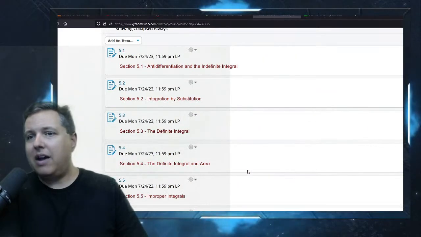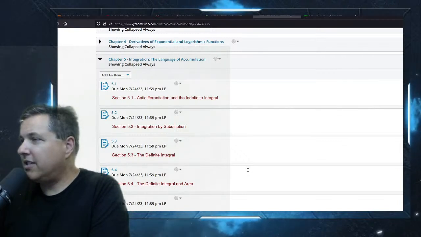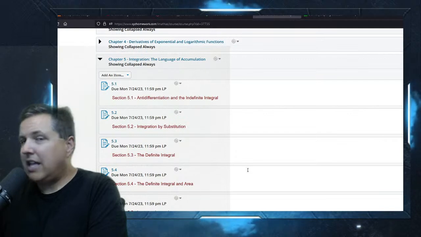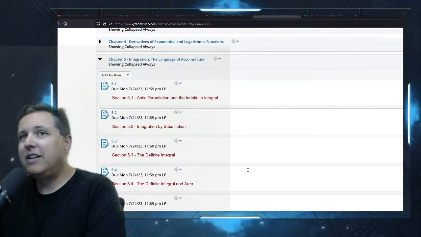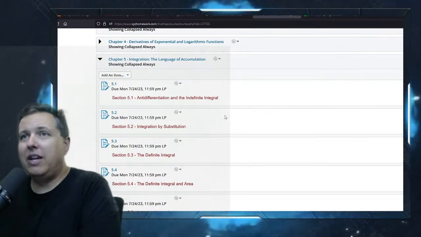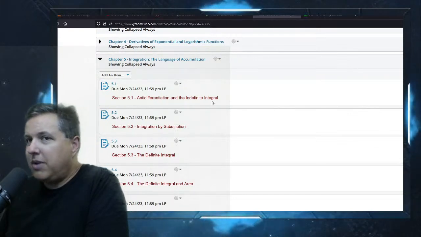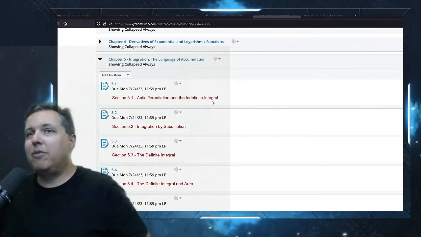Chapter 5, like I mentioned, is probably the heaviest chapter in this entire course. There's a lot to it. Almost every single section in here could be its own chapter, not quite, but close to it. They feed into each other a little bit, but each one is a very big separate topic from the previous ones.